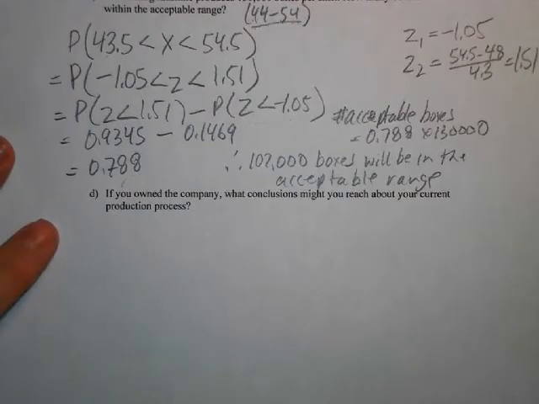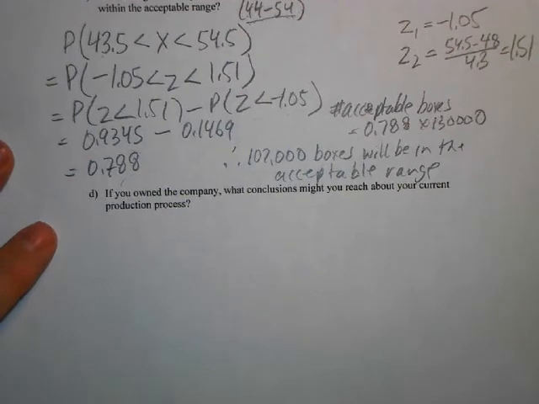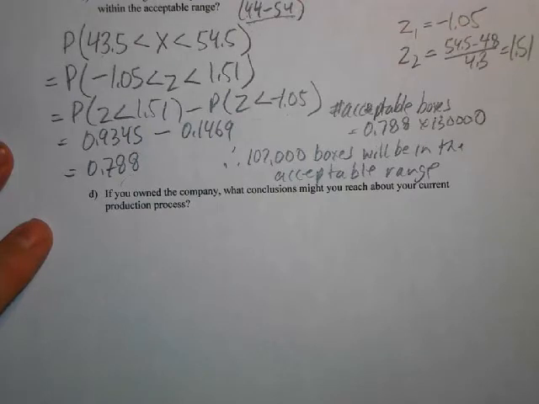And this is just kind of a logic thinking type question. So if you own this company, what conclusions might you reach about your current production process? So your job is to make sure your company is profitable and customers love you. But we saw some things here that could be a little alarming.